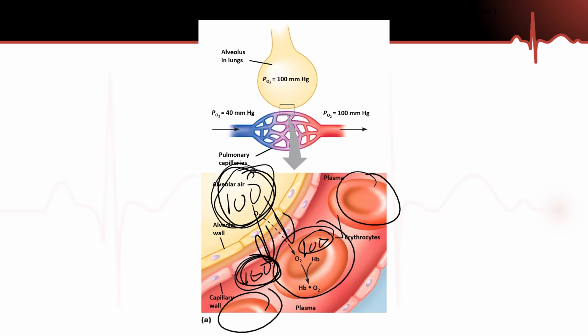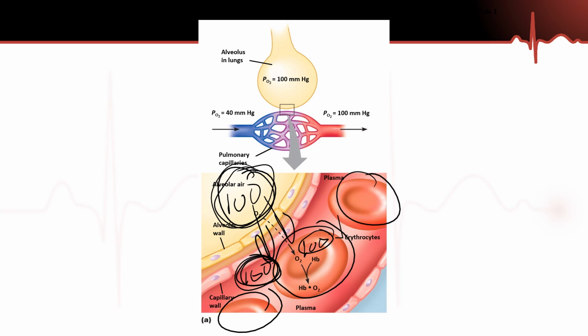Very little oxygen has actually come into the blood up to this point. So what's the point? Well, it's to cause the hemoglobin proteins to conformationally shift and bind more oxygen, because that's how our blood actually transports oxygen, right? In our bloodstream, we transport oxygen bound to hemoglobin within our red blood cells.